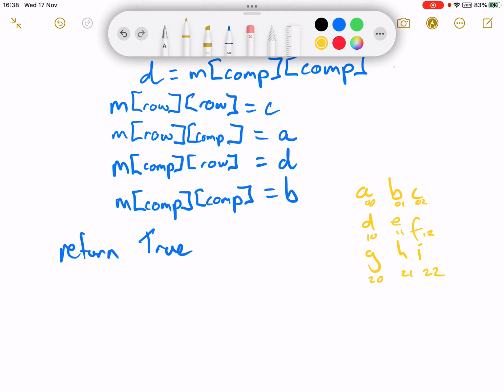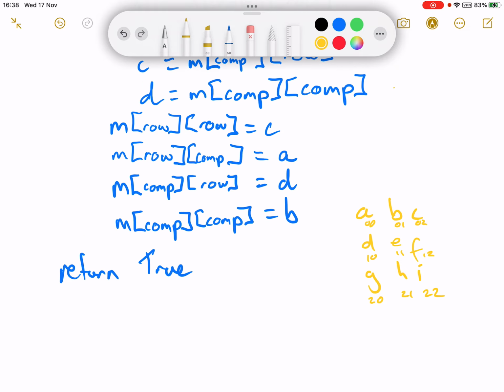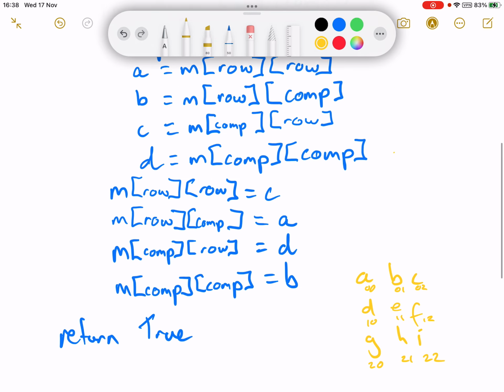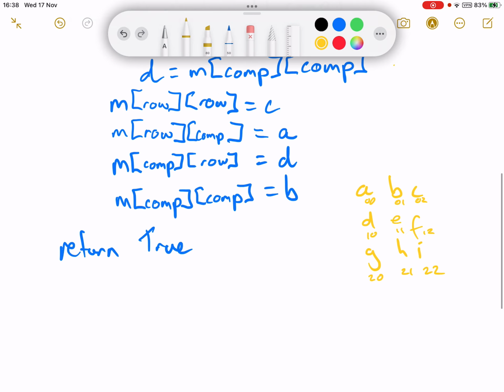So, what's the midpoint here? Oh shit. I realized I was thinking about this all wrong.